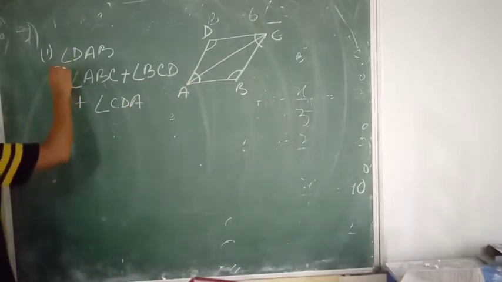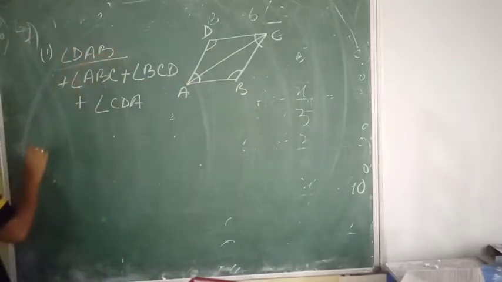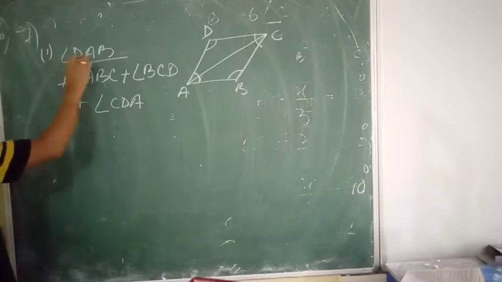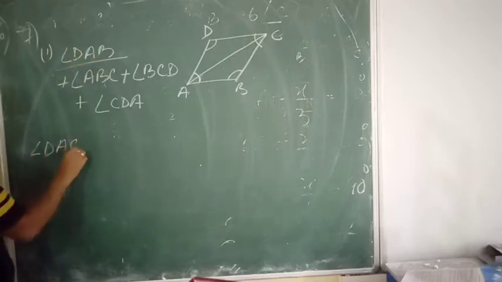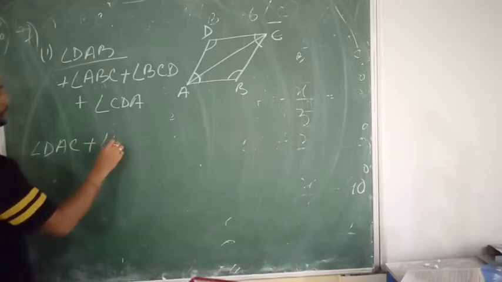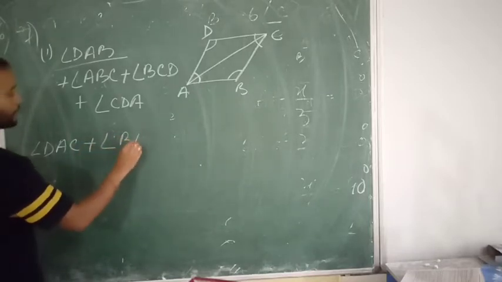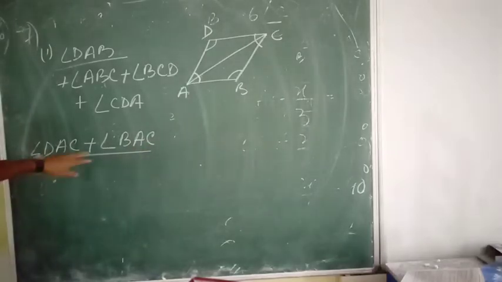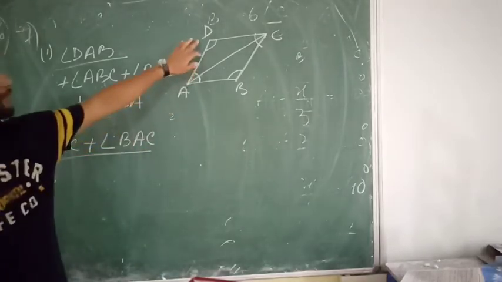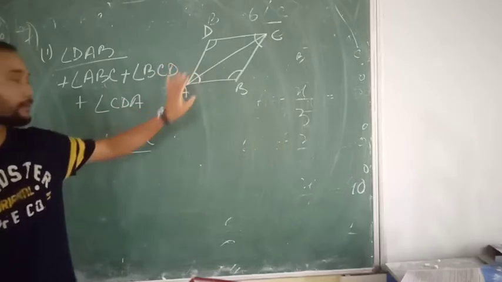Now, instead of writing DAB, we can write angle BAC plus angle BAC. Yes, BAC and BAC combined give DAB, this particular angle.